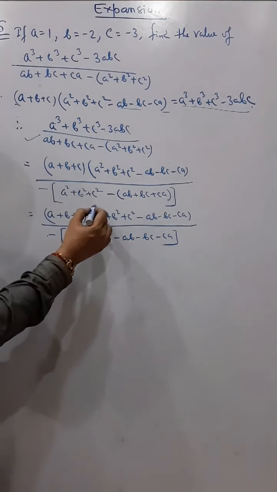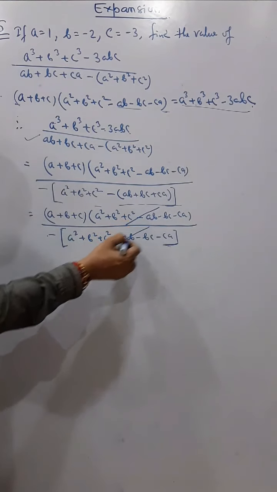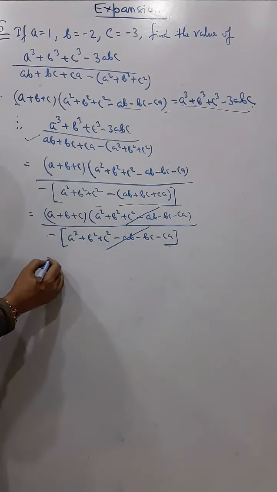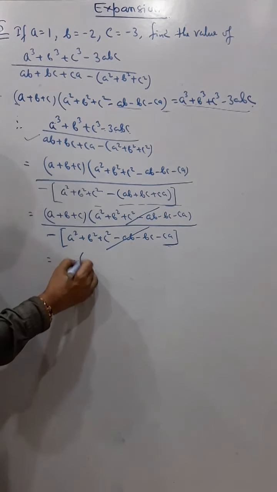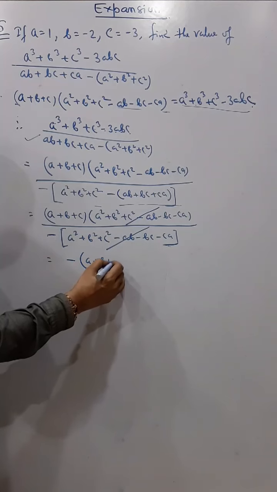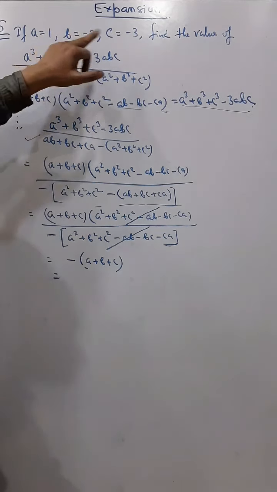Now if you see this full part and this part, they are same. Now I can cancel this, and finally my answer, now minus is there, so my answer will be minus a plus b plus c. This will be my answer, and now I will put the values of this.